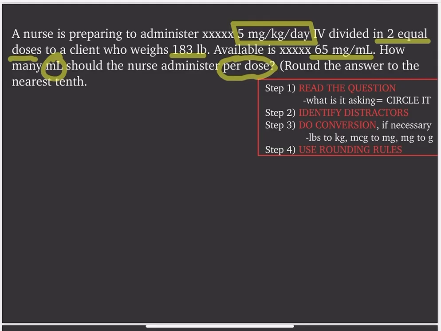Okay, so the patient is 183 pounds. We need to convert that to kilograms. So you would take 183 times the conversion factor of 2.2 pounds under 1 kilogram.